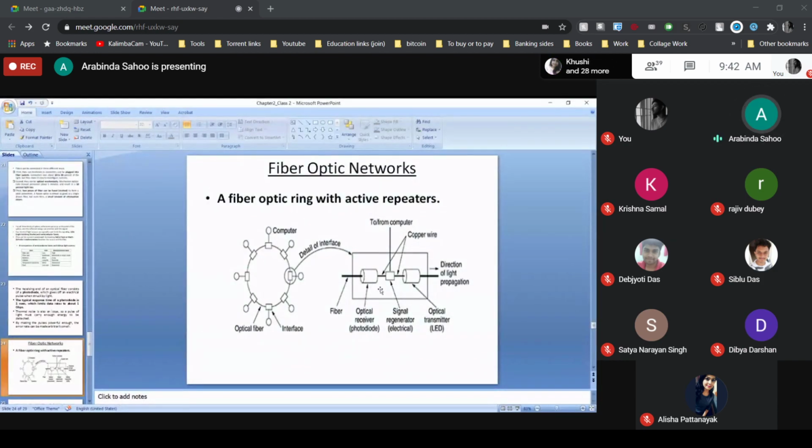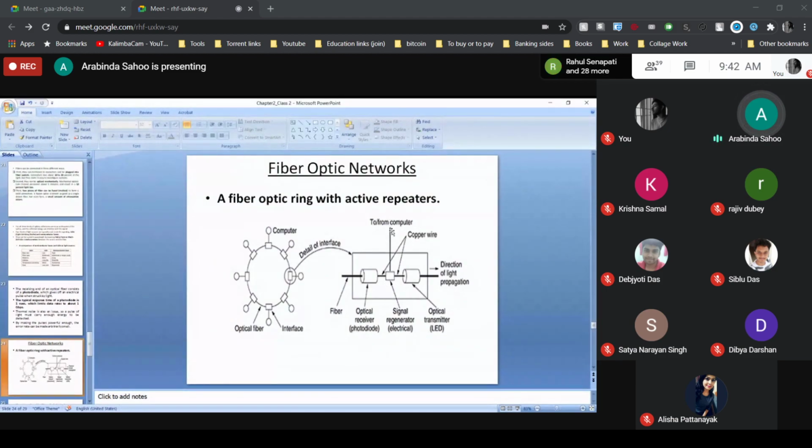Once the photodiode converts the light pulse to an electrical pulse, the signal regenerator is used, which converts this electrical pulse into bits and is connected to or from the computer.